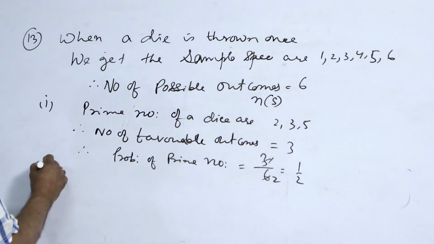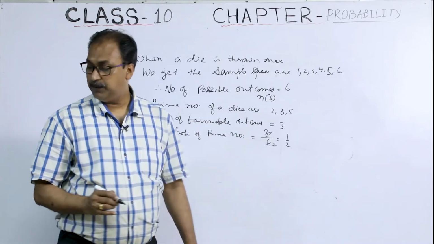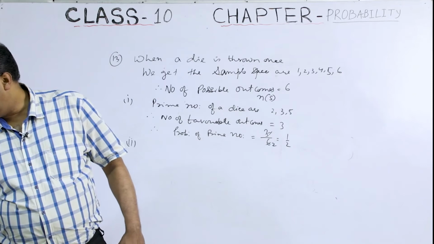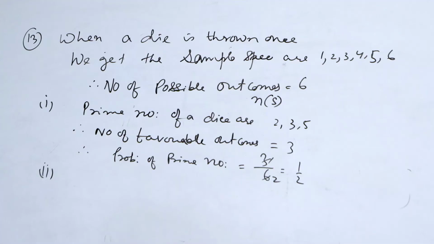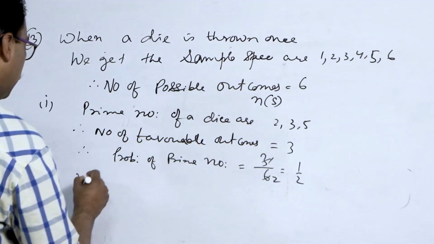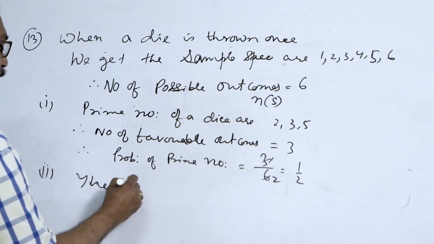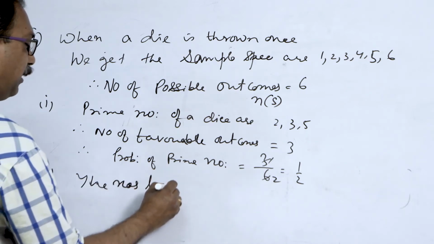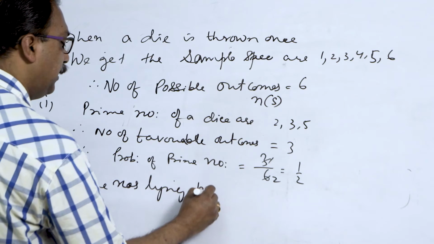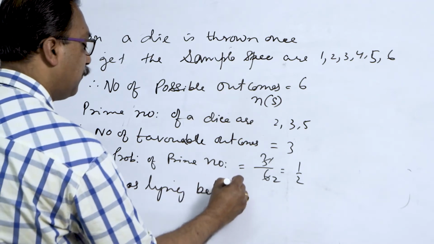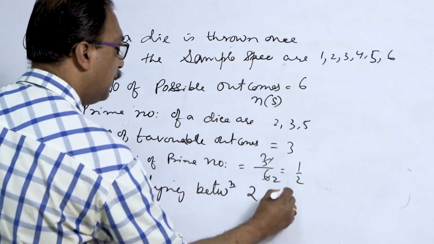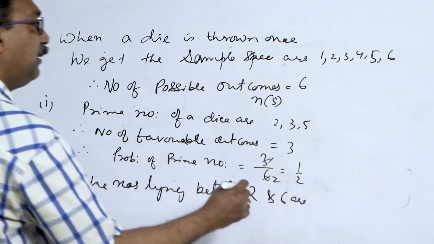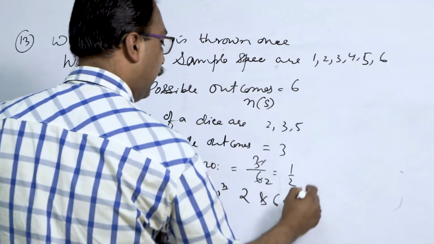Now subdivision 2, what is given? In subdivision 2 they are given a number lying between 2 and 6. So write the numbers lying between 2 and 6. 2 and 6, how much? 3, 4, 5.